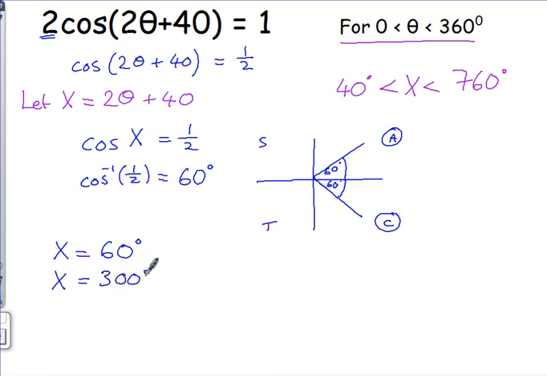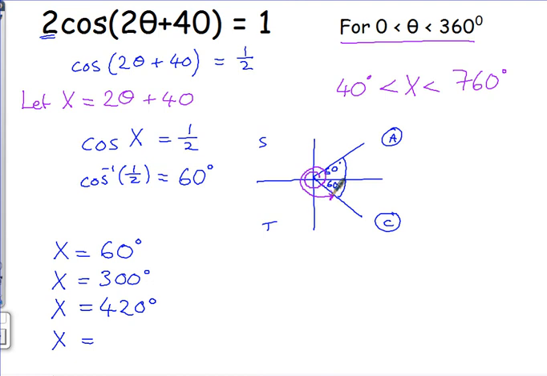But there are more. Because x is between 40 degrees and 760 degrees, we can go round again. So we'll get a third solution by going 360 degrees plus another 60 degrees. That will give us a value for x of 420 degrees.